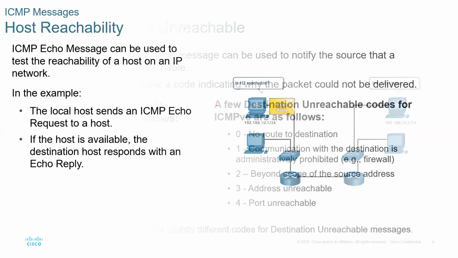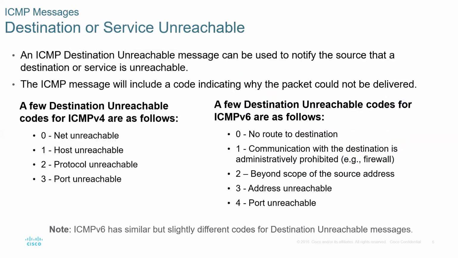Now, how about when they say destination or service unreachable? An ICMP destination unreachable message can be used to notify the source that the destination or service is unreachable. The ICMP message will include a code indicating why the packet could not be delivered.